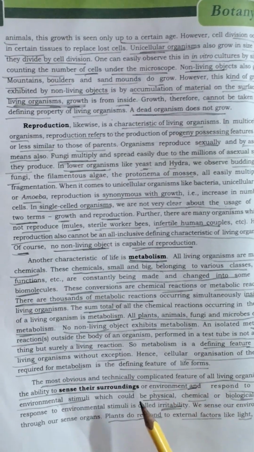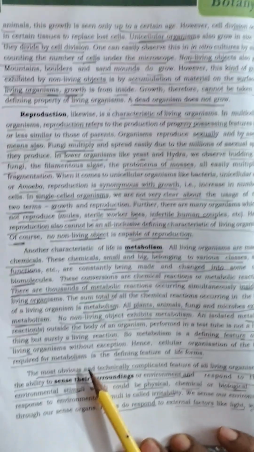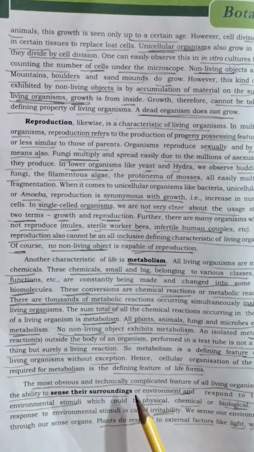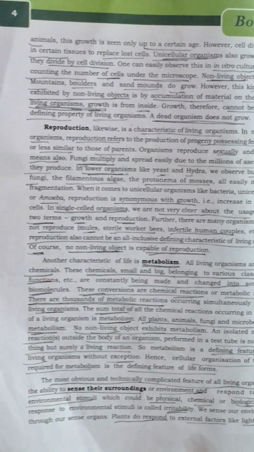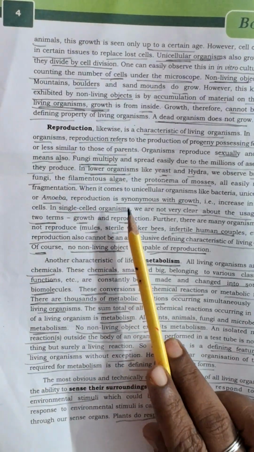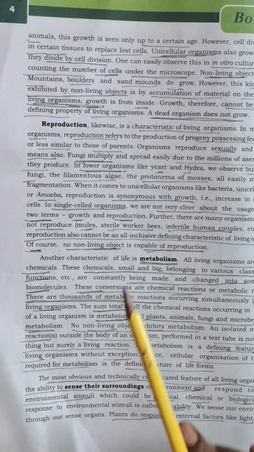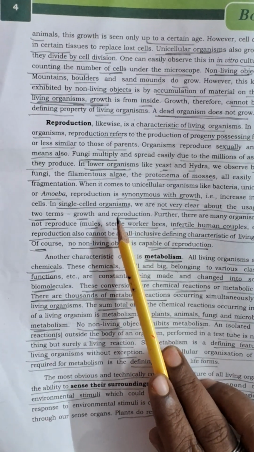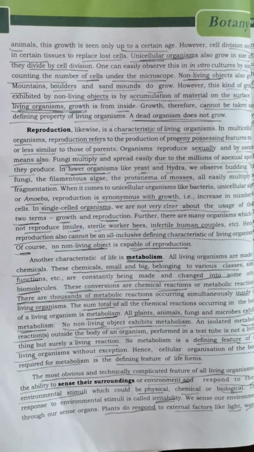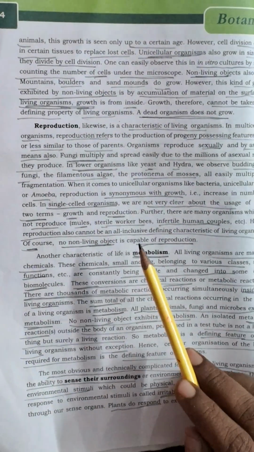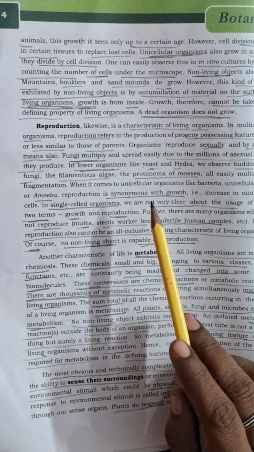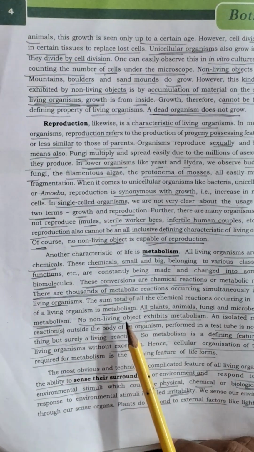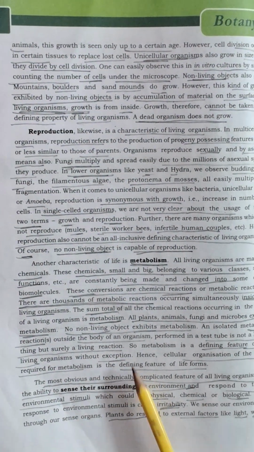In cellular organisms, metabolism is the definite feature of life forms. So we can take it like this: reproduction we will not consider among the living characteristics. Unlike reproduction, metabolism is a definite characteristic of the living organism.